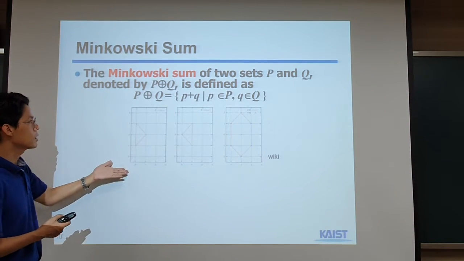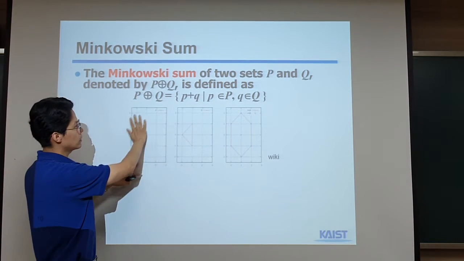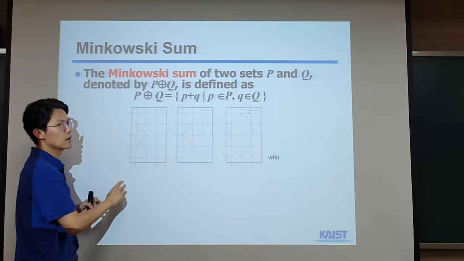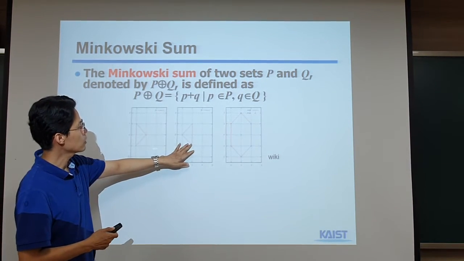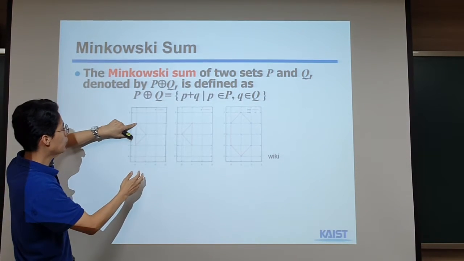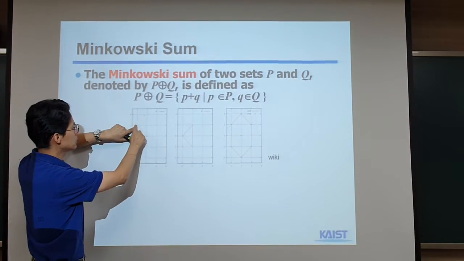Here is one example. I have this kind of triangle, and you can see that the set P contains these vertices, and we interpret them as a polygon, and then another triangle is represented by Q. Then if we add them, basically at that point we're adding all these vertices. Then we can have this kind of shape, right?